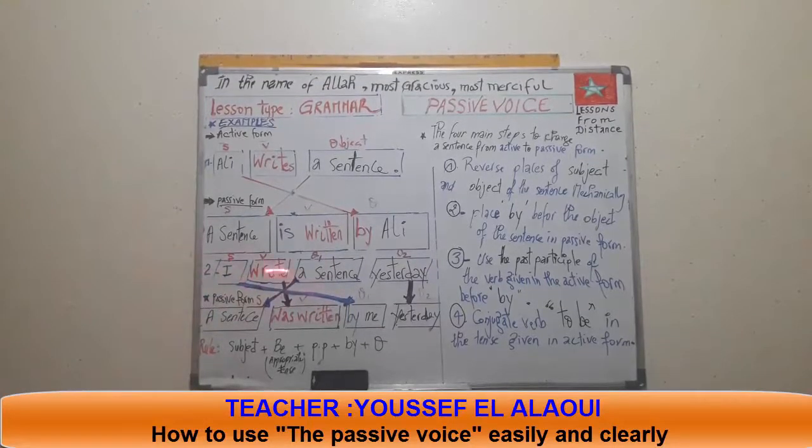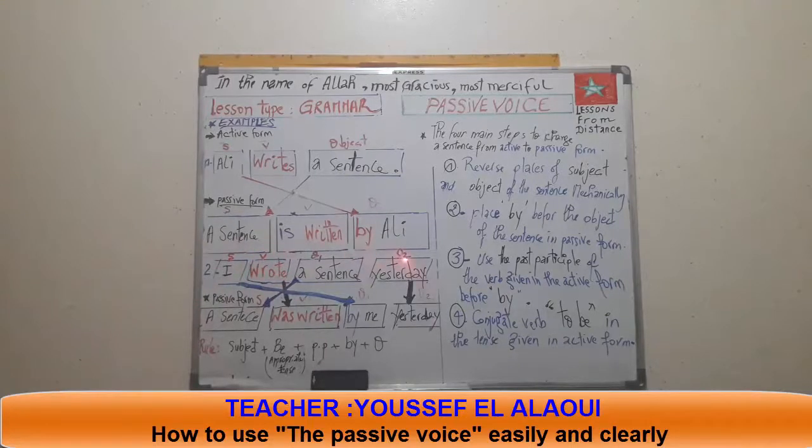Here is another example with a different tense and with more than one object. When we have more than one object, we do the same steps, but we start with object number one. Reverse the places mechanically, place by before the object, and the past participle of the verb given in active form, then conjugate the verb to be in the tense given, which is simple past.